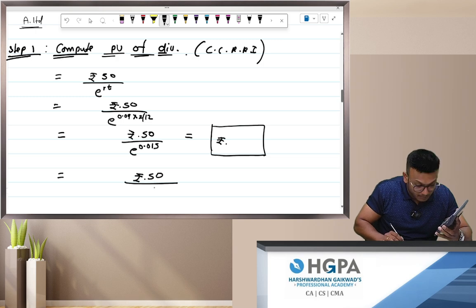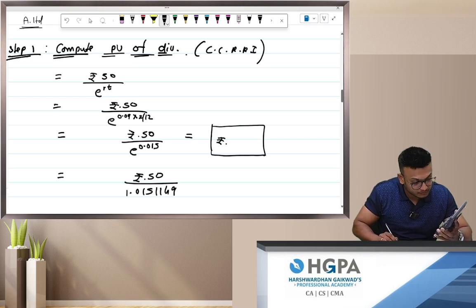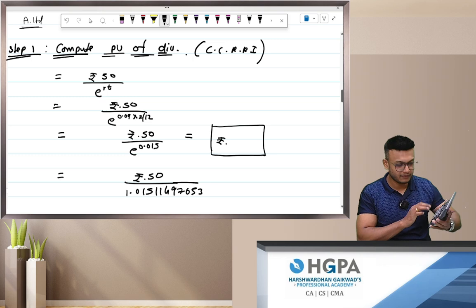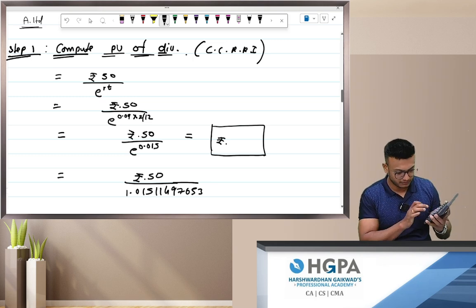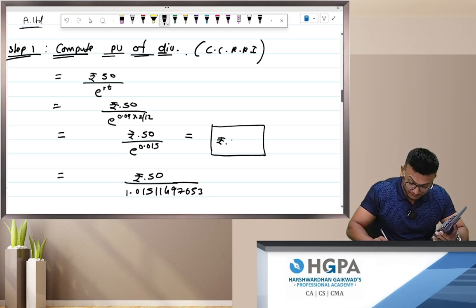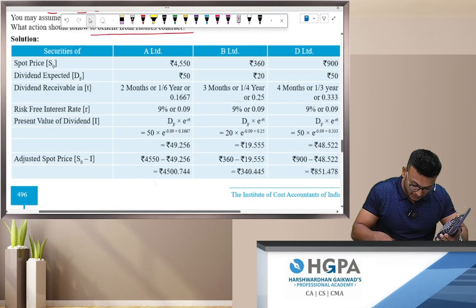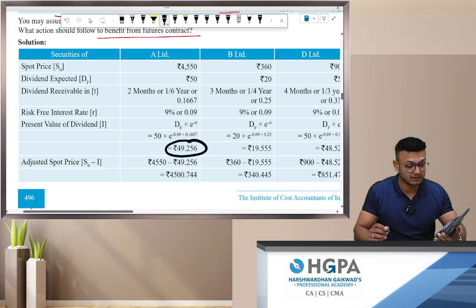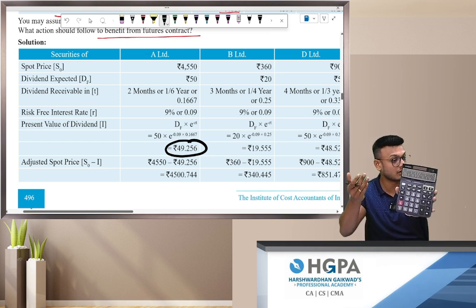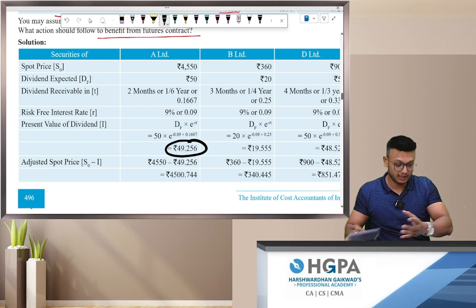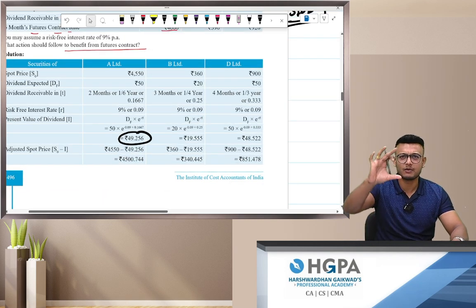Rupees 50 divided by 1.01511497653. You can write the first two digits also, big deal, but if you want the exact answer to match the model, you should do this. The answer is 49.25. I hope you've got this on your calculators. Yes, 49.256, rounded off here because the next number is 5.